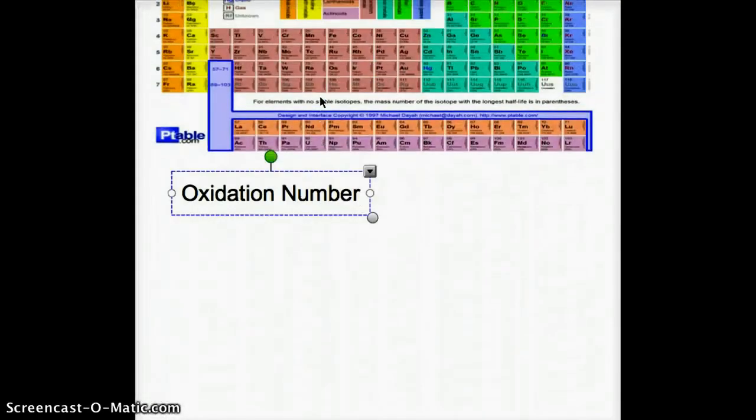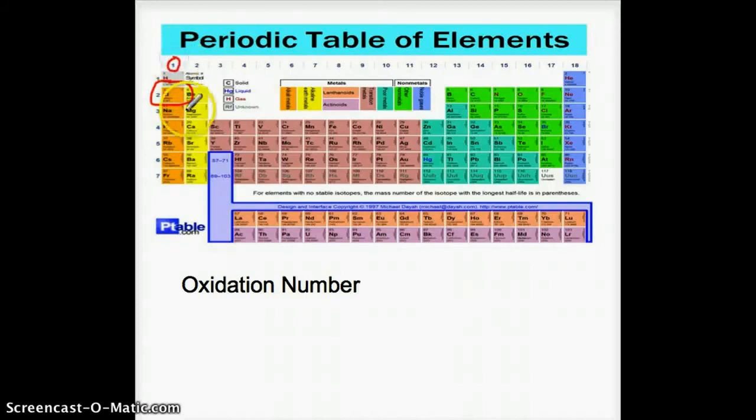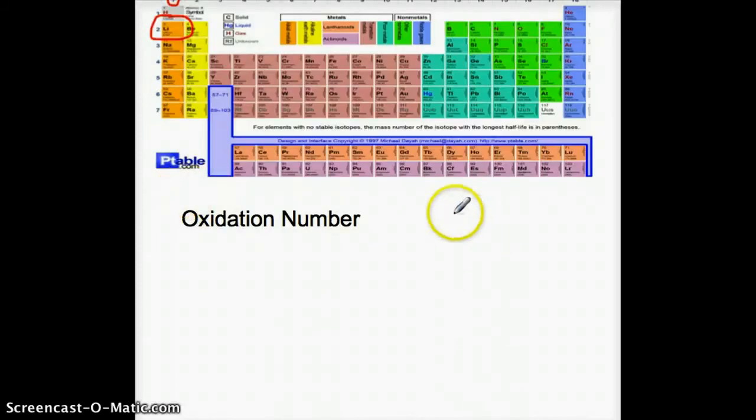In order to find the oxidation number of an element, we must use the periodic table. So let's say we're given the metal lithium. Lithium is under group 1, therefore its charge or oxidation number will be +1. So we would write it out like lithium +1.